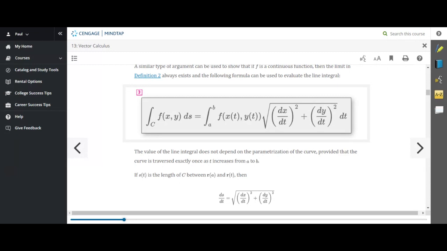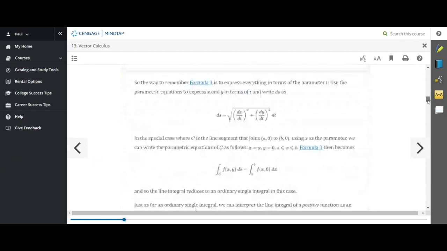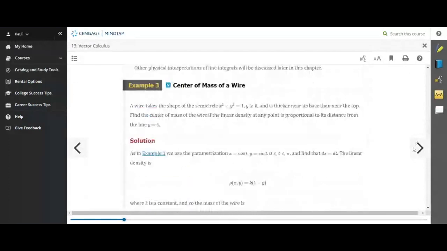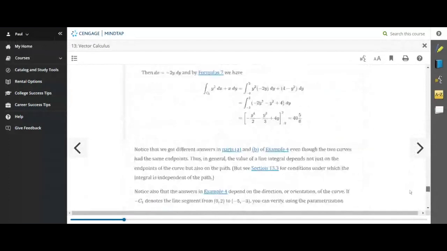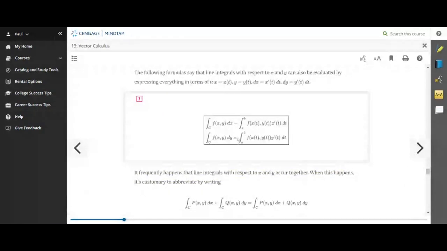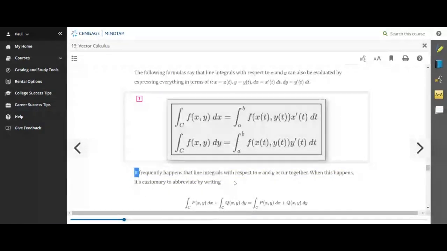But we also learned that you can find line integrals of a function along a curve C, a space curve C, with respect to the variable x and with respect to the variable y. Well, we actually showed those as well.